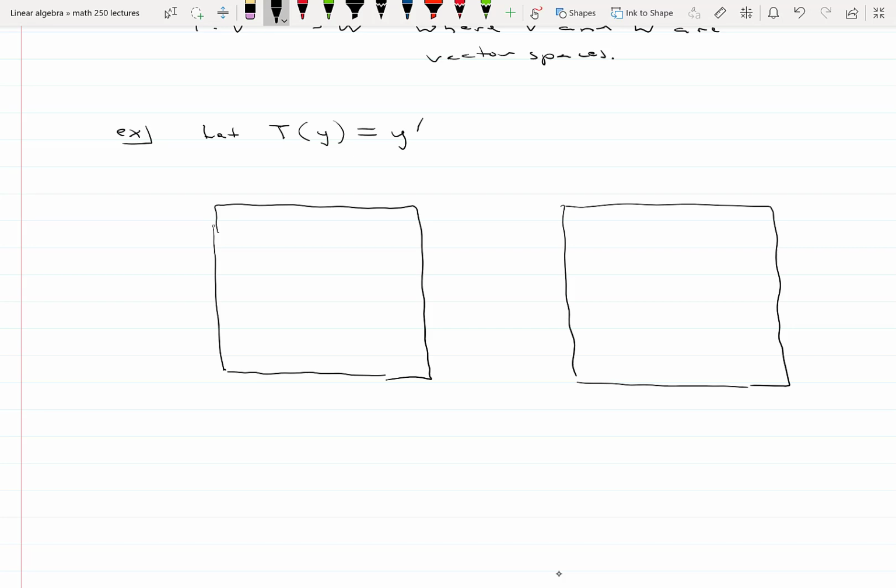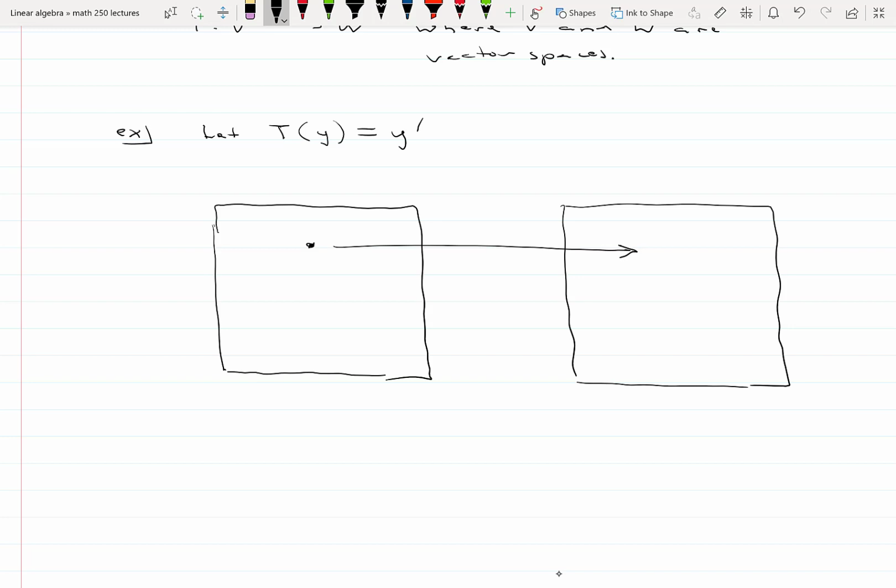The elements from the domain are taken. So let's say this dot here is an element from the domain. It would be a function. You take that function and you apply T to it, and it turns it into something in the range of the transformation.